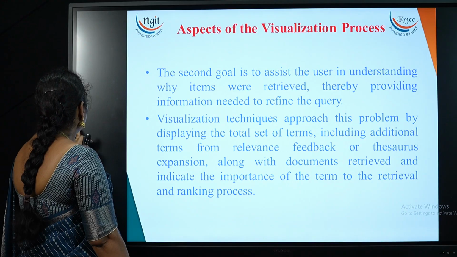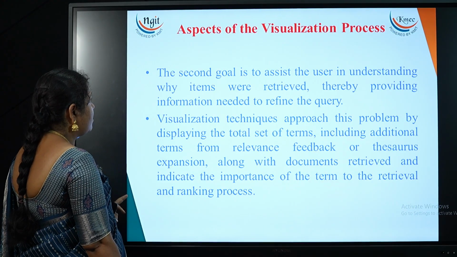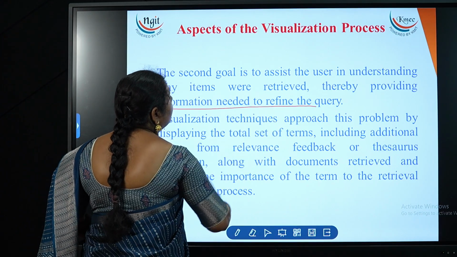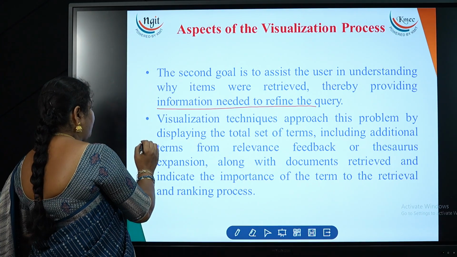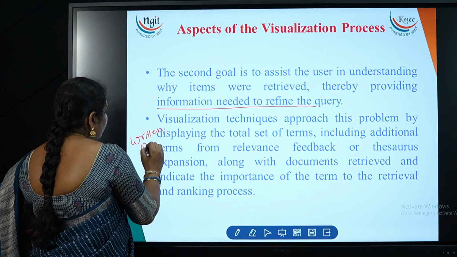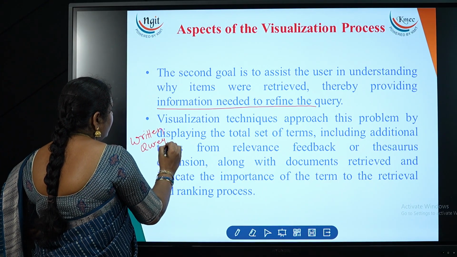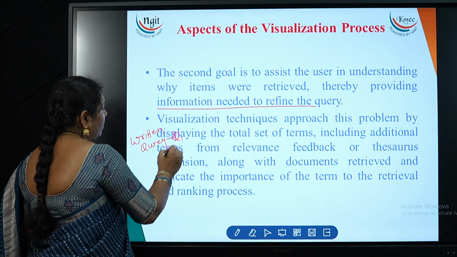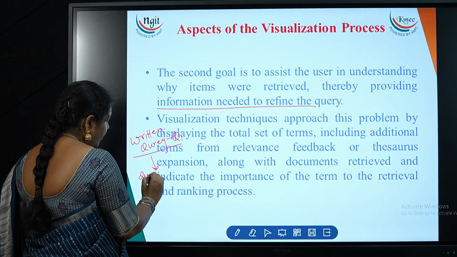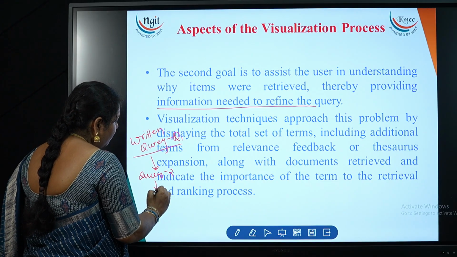Now the second goal of this visualization is the information required for redefining the query. For example, already I have written one query, Q1. Now what I am doing, I am using the same query, Q2, for a different solution.